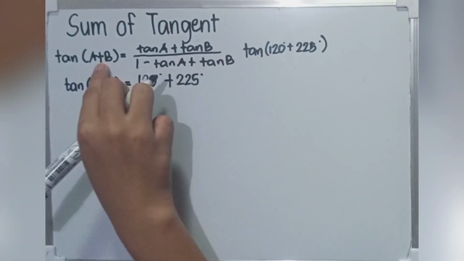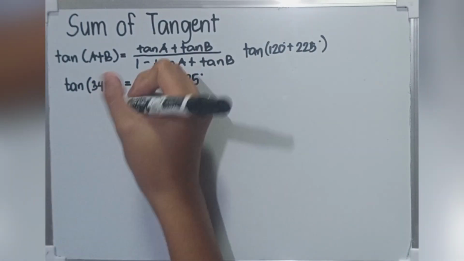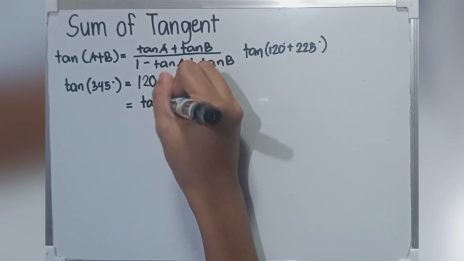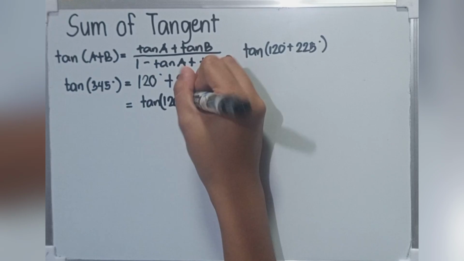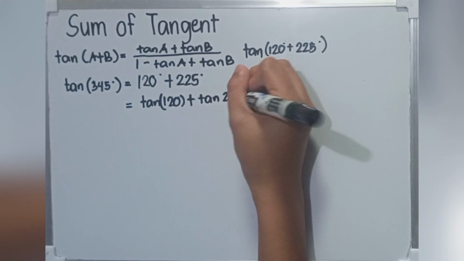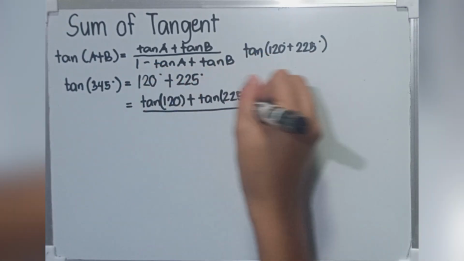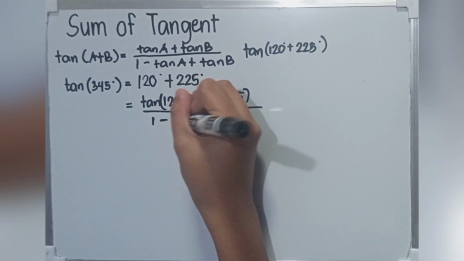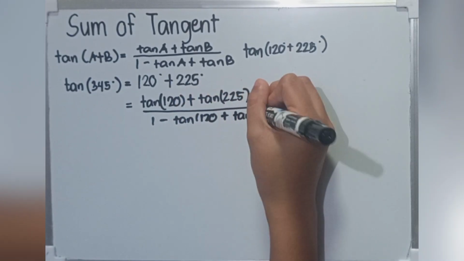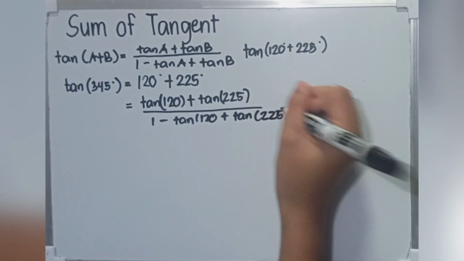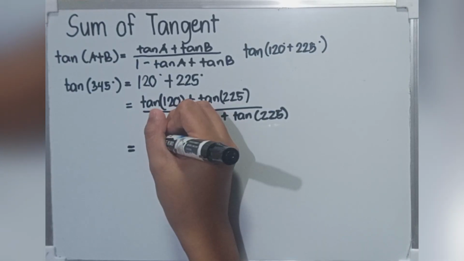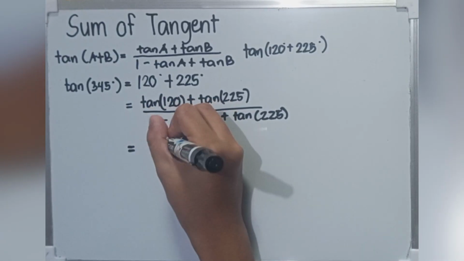So tan A is 120 and tan B is 225. Now let's substitute our given to the formula. And then their corresponding values at the said special triangles.